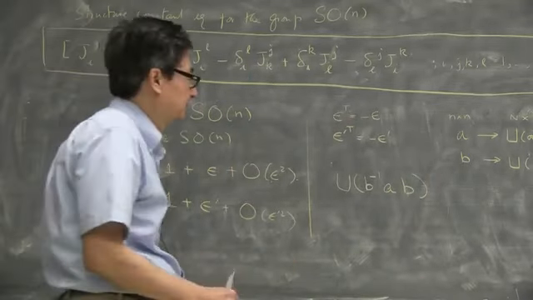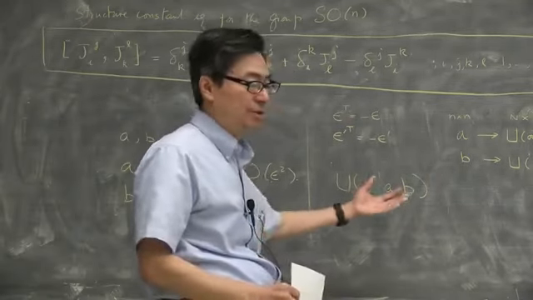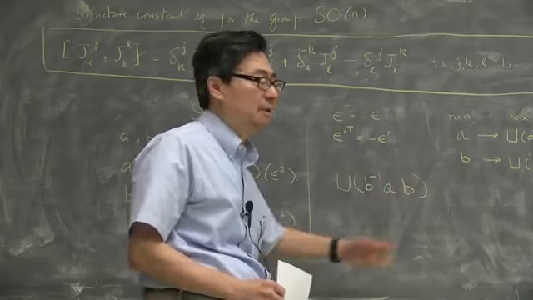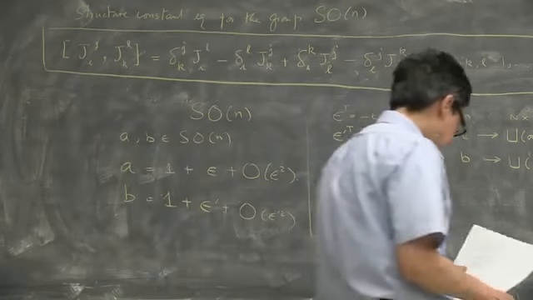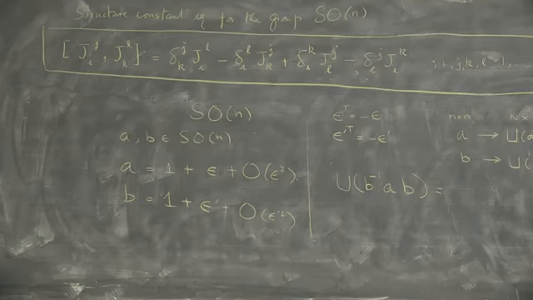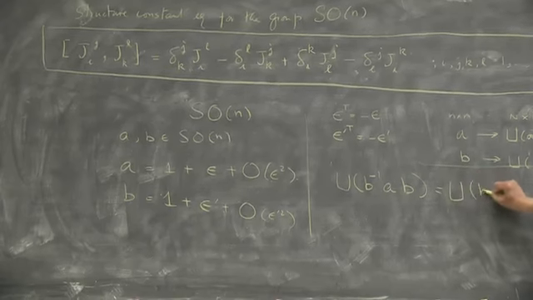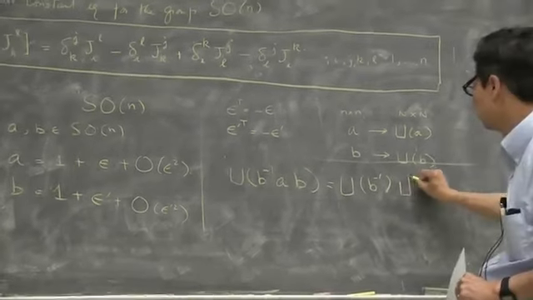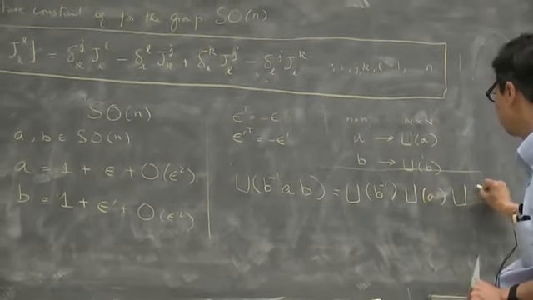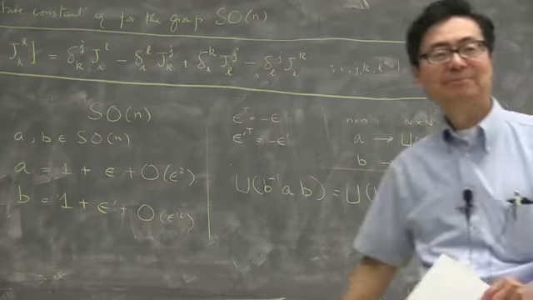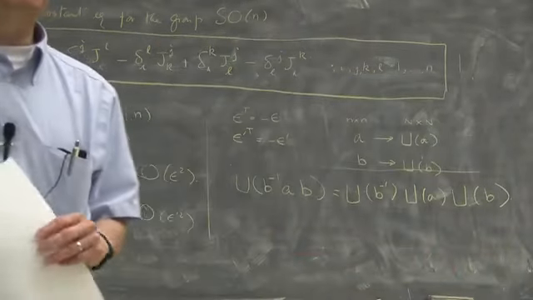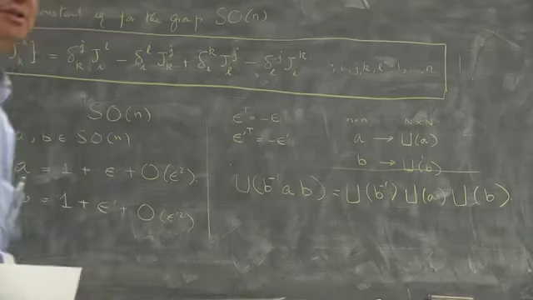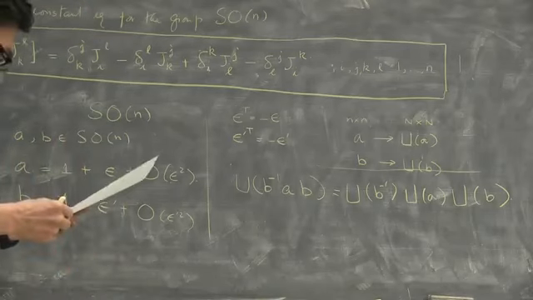And now this being a representation, it has to obey the so-called homomorphism rule, which is that the representation of this product must be equal to the product of the representations. Okay? The representation of a product must be equal to the product of the representations. This is called the group homomorphism rule.